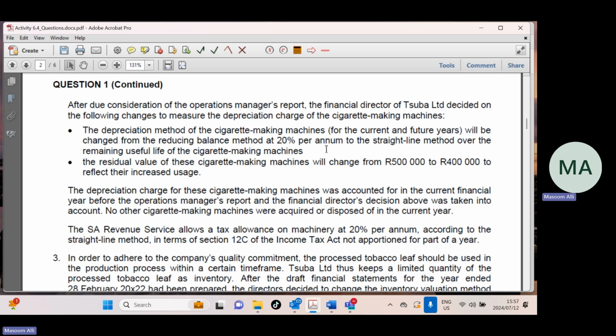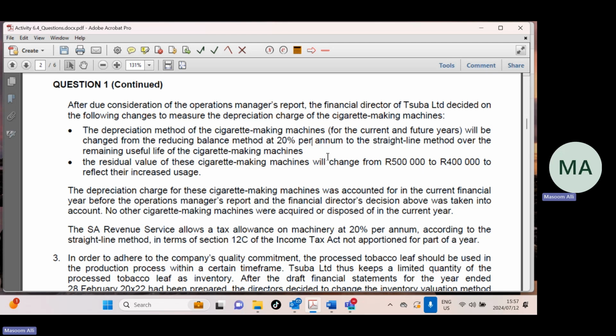Okay, so there is a change in our method of depreciation. And the fact that they told us it was 20% per annum tells us that this was 5 years that we were depreciating them over, and now the remaining useful life is 2 years.